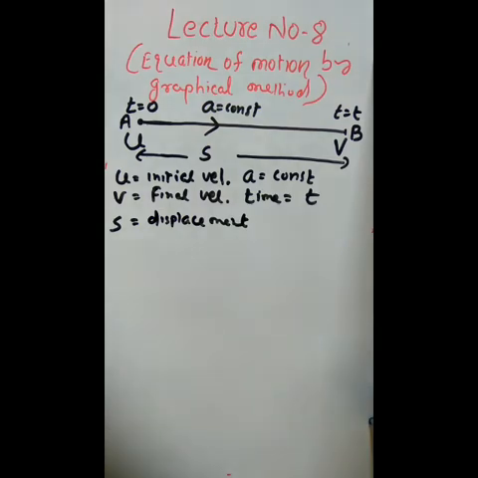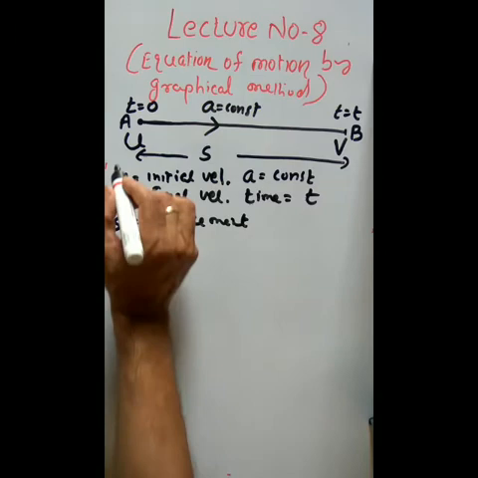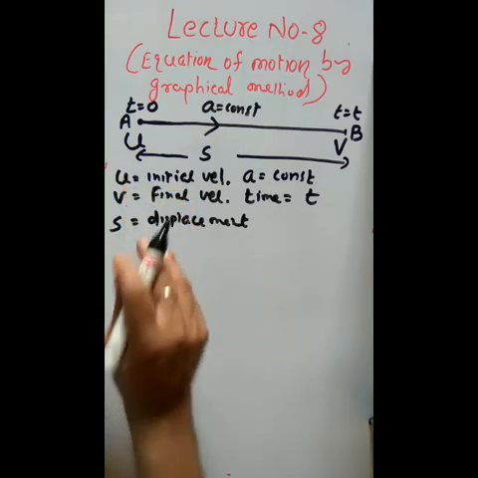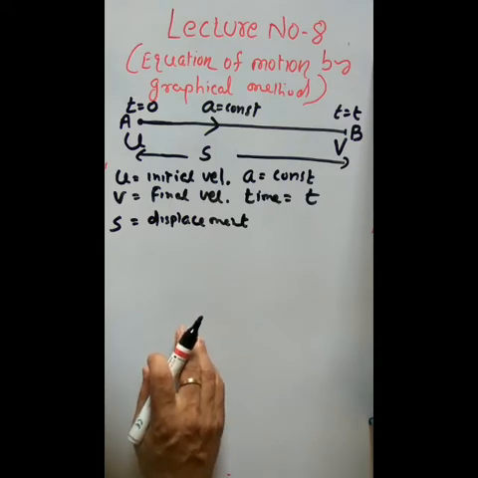Since it is a straight line motion, the magnitudes of distance and displacement are the same. But practically, we are taking all the quantities as vector quantities, so I am not writing the arrow mark. You have to consider these as vector quantities.